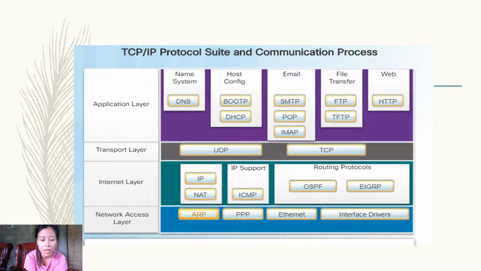The transport layer has UDP and TCP. In the internet layer, we have IP, NAT, and IP support with ICMP, and the routing protocols OSPF, EIGRP, and RIP. In the network access layer, we have ARP, TCP, Ethernet, and interface drivers.